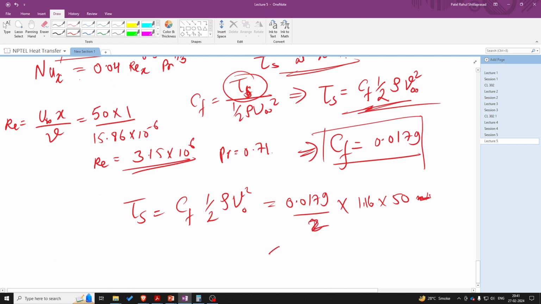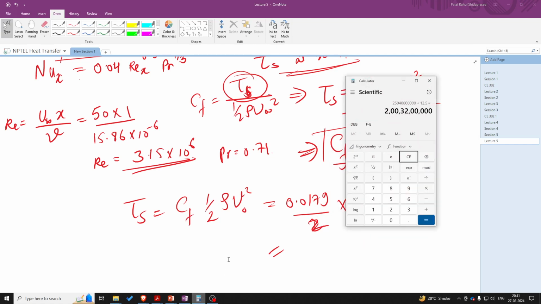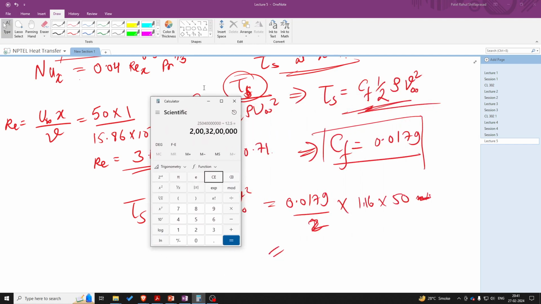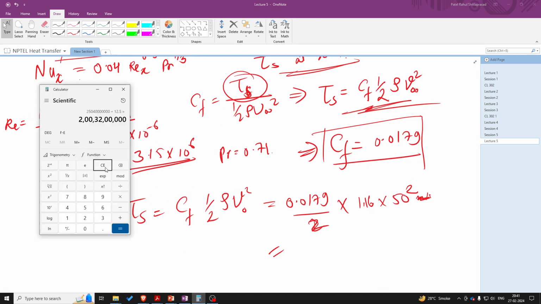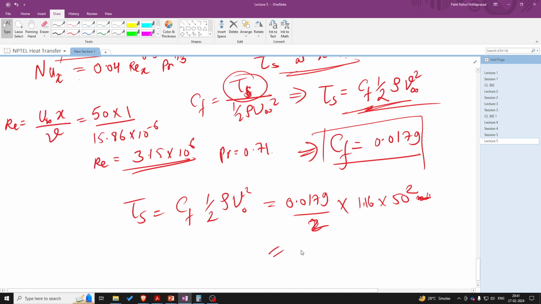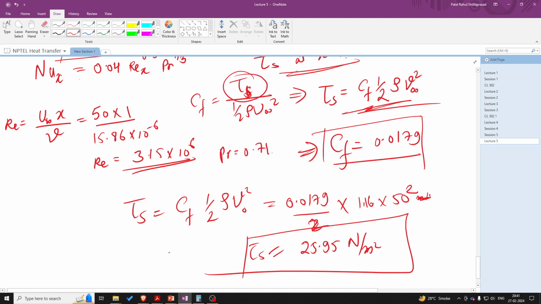You can try solving this, and the value of tau_s will come to 25.95. Since this is stress, its unit will be Newton per meter squared. So tau_s we calculated as 25.95 Newton per meter squared.